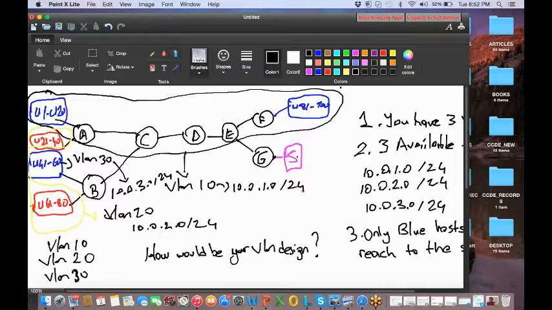VLAN 10 is 10.0.1.0/24, and the other blue user group is in VLAN 30, and in between there is 10.0.20.0/24. So you cannot do 10.0.1.0/23, otherwise you would also be allowing the red users.